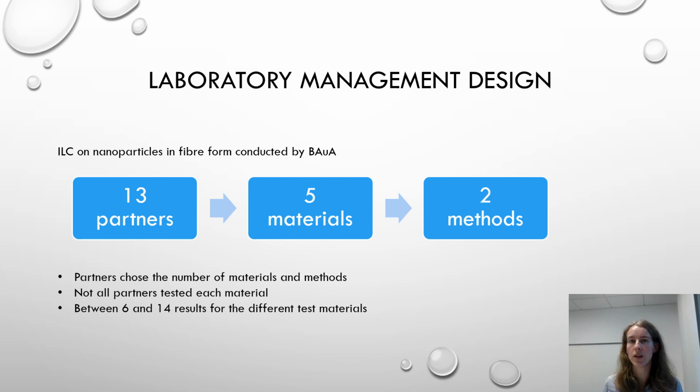Of them, 12 were from research institutes and 1 from an enterprise. 5 fibrous materials were sent to partners, and 2 methods of electron microscopy, SEM and TEM, were involved. The partners chose the number of materials they were able to test, and not all partners tested each material. So in the end, we received between 6 and 14 results for the different test materials.